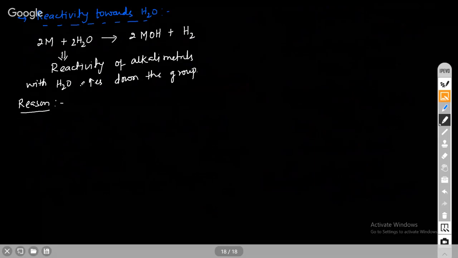That is why, as we go down the group, the reactivity of alkali metals with water increases because of the large contact area. That's the point we have. Understood? Is it clear? Any doubt?